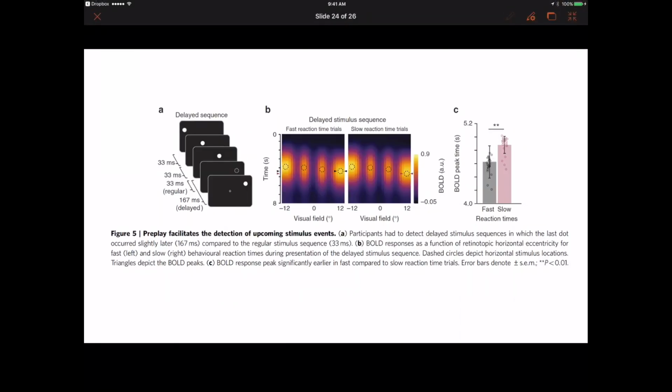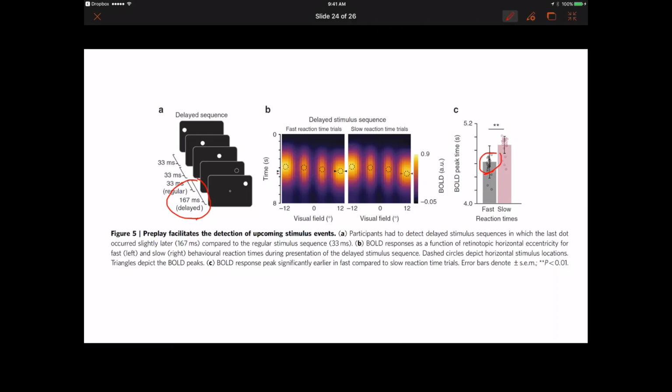The other question is, what about accuracy? Does this training, the pre-play acquisition training, do anything in terms of the accuracy of the response? So what was done here is to put some arbitrary delays into playing the last dot. And you can see that the detection accuracy is improved in the pre-play condition.